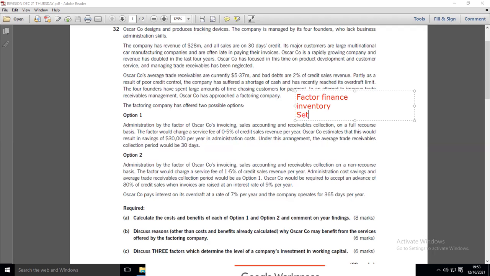We can settle our payables also. We can reduce cost of the department. We can benefit from their expertise.